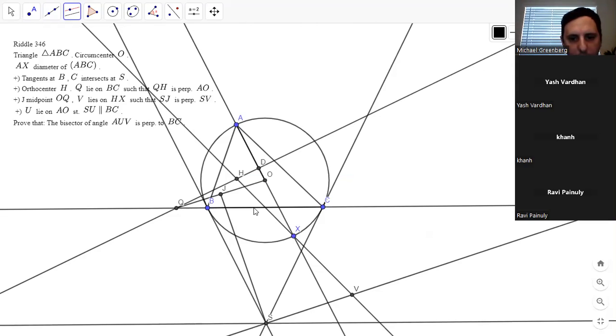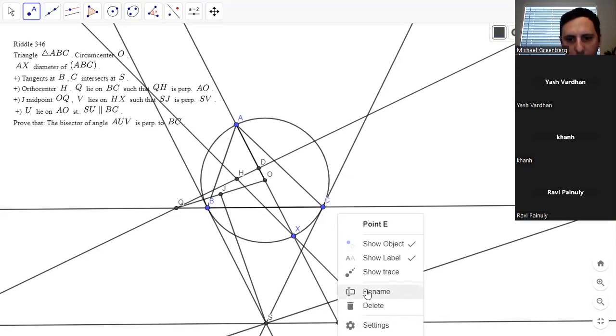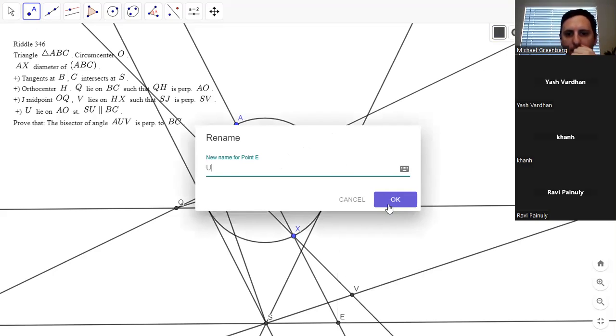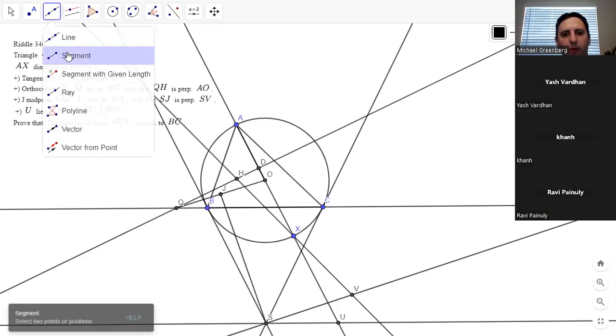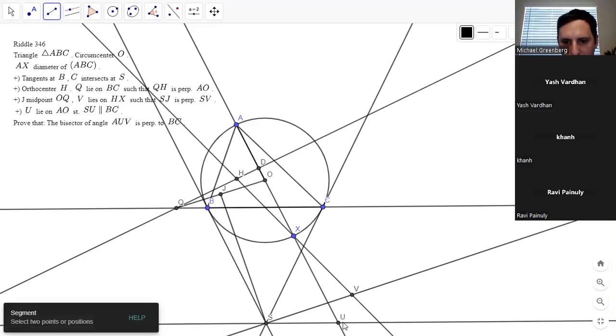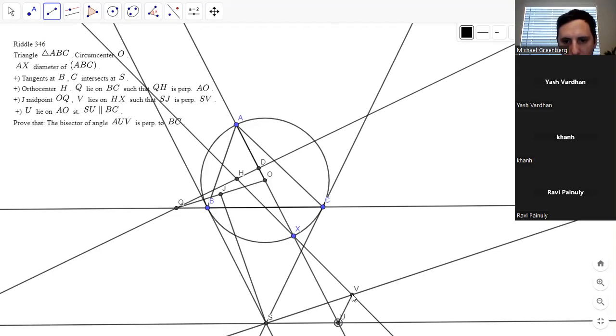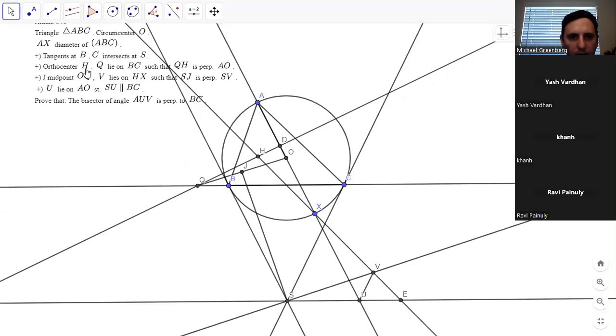We want it parallel to BC, so this will be U. We want to show the angle bisector of AUV is perpendicular to BC. Okay, so yeah, there's a couple ways to kind of phrase this, but we want to show angle VUE is AUS. It's another way to say it. Okay.